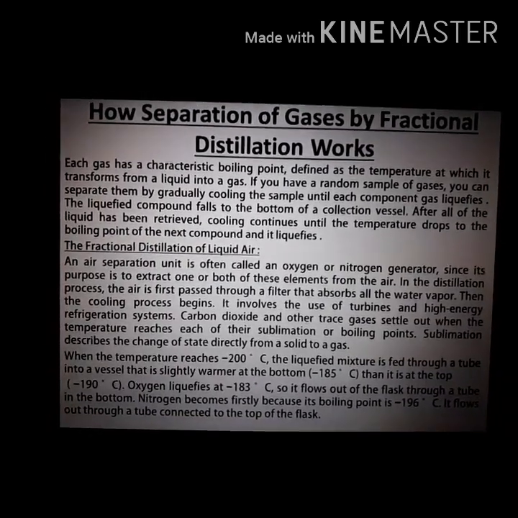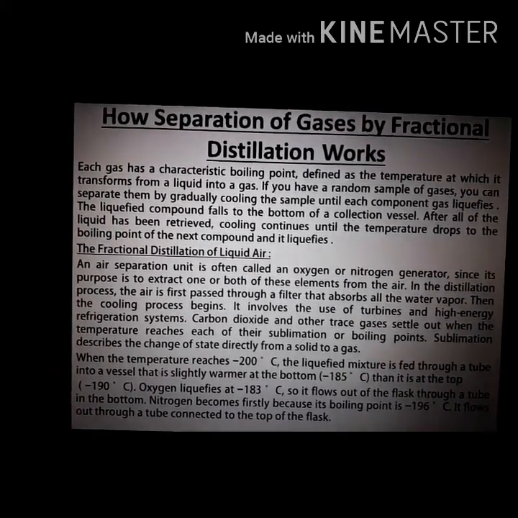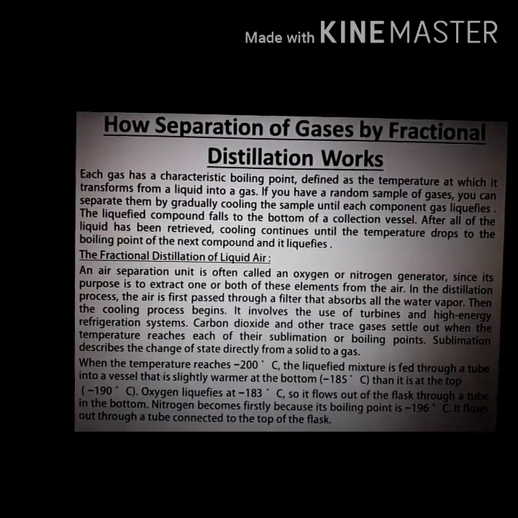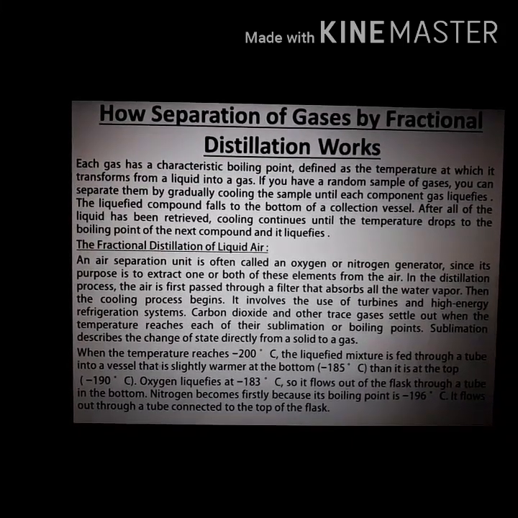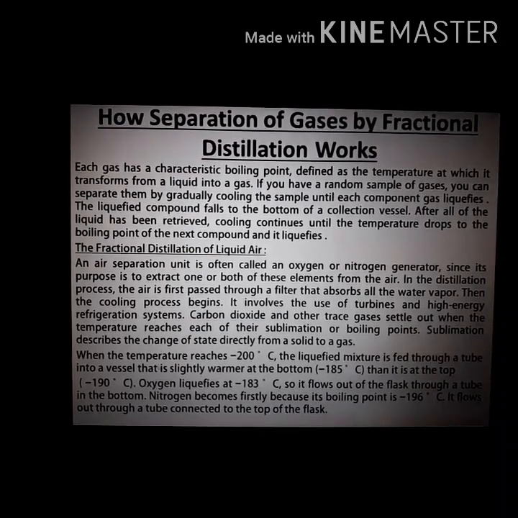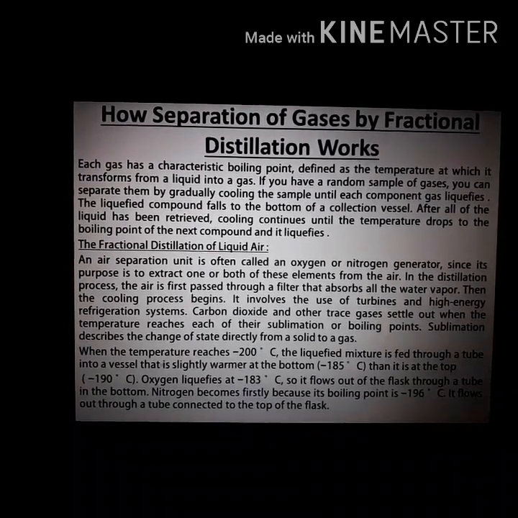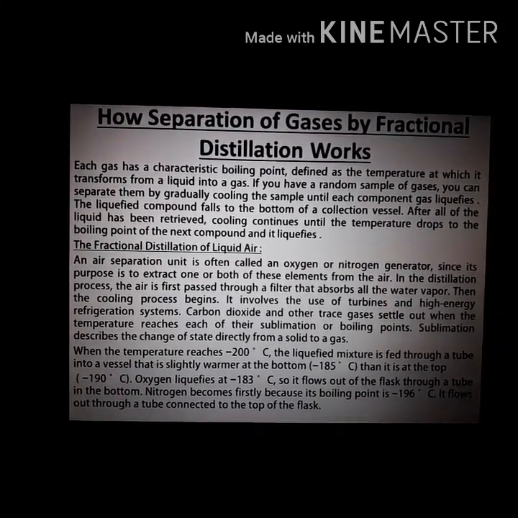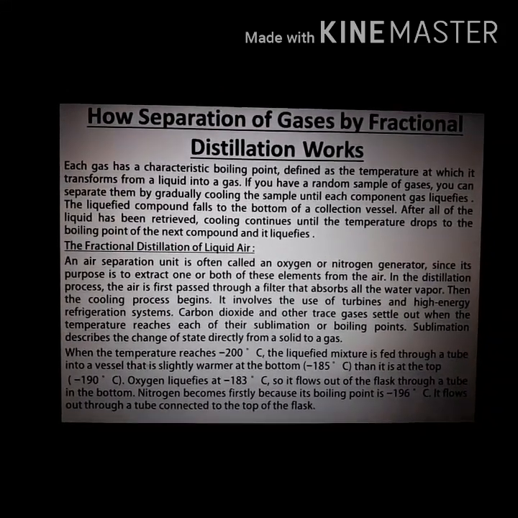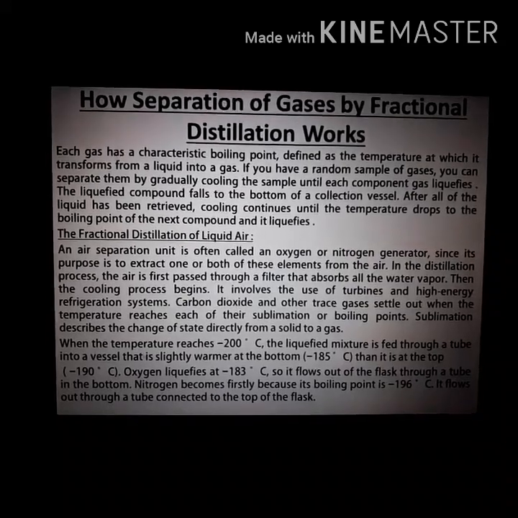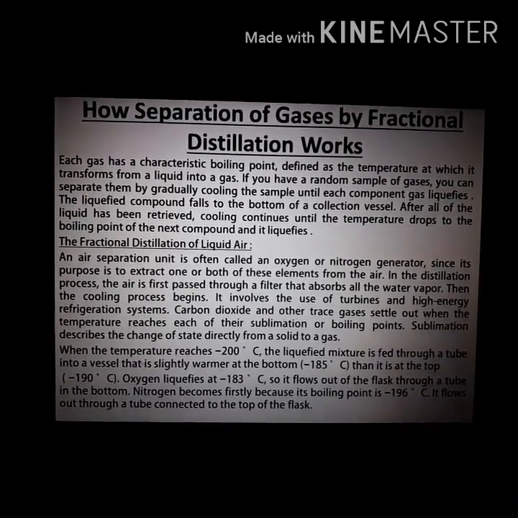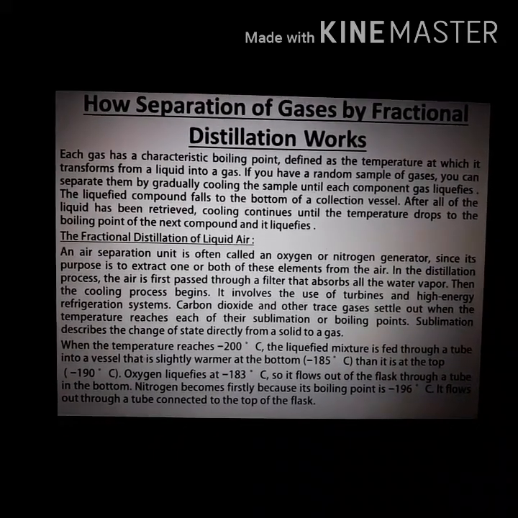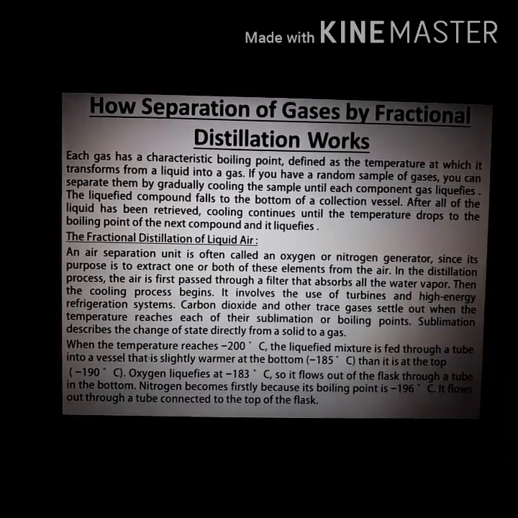We need a special unit for this, known as an oxygen or nitrogen generator, since its purpose is to extract one or both of these elements from the air. In the distillation process, air is first passed through a filter which absorbs all the water vapors. Then the cooling process begins, which uses turbines and high energy refrigeration systems.